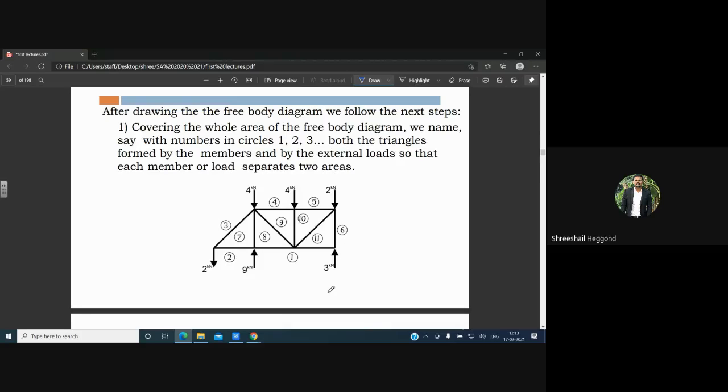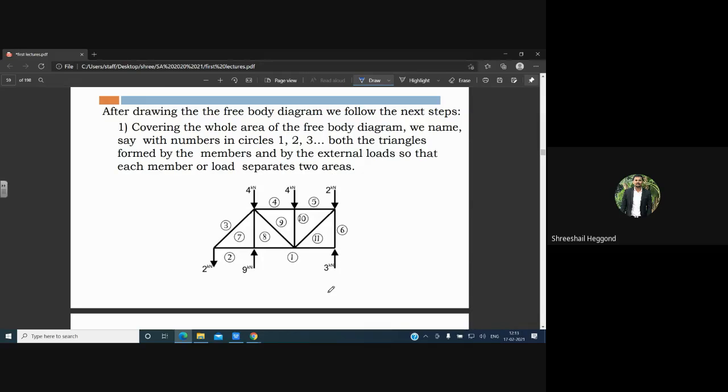We name the spaces with numbers in circles, that is 1, 2, 3, 4, 5, 6. The members are named. Each member is named as a separate component, like one span to another span.